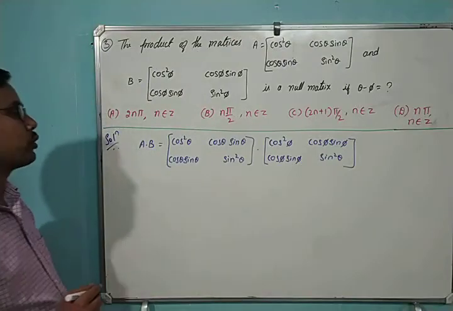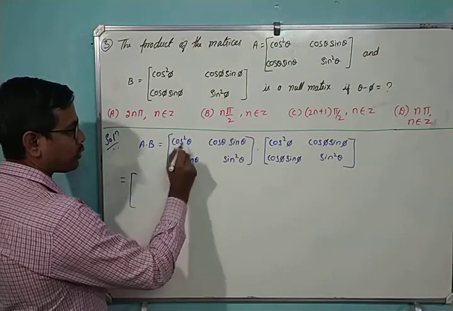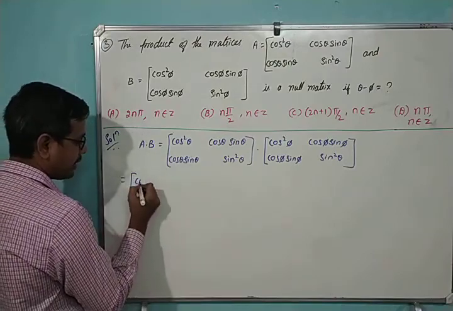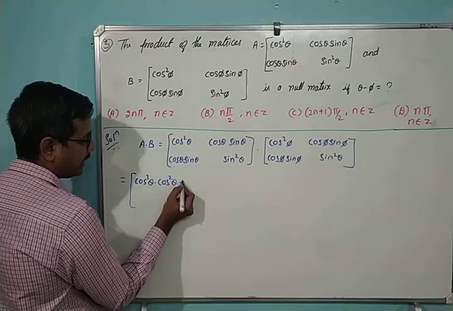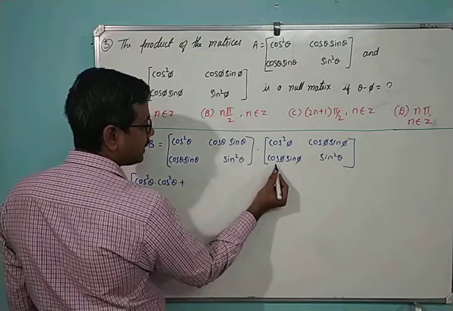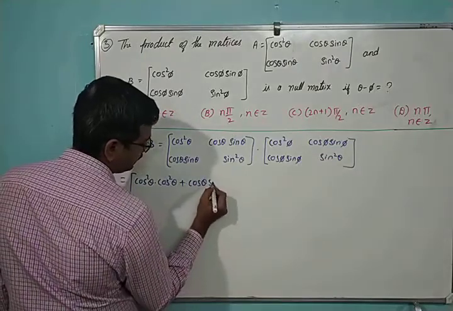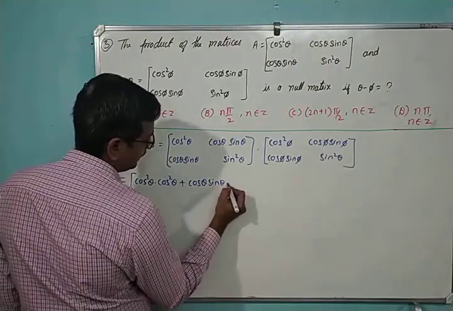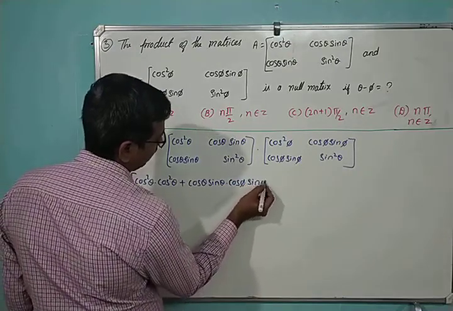Okay. So what will be the product of this? The first entry will be cos^2 theta into cos^2 phi plus cos theta sin theta into cos phi sin phi.